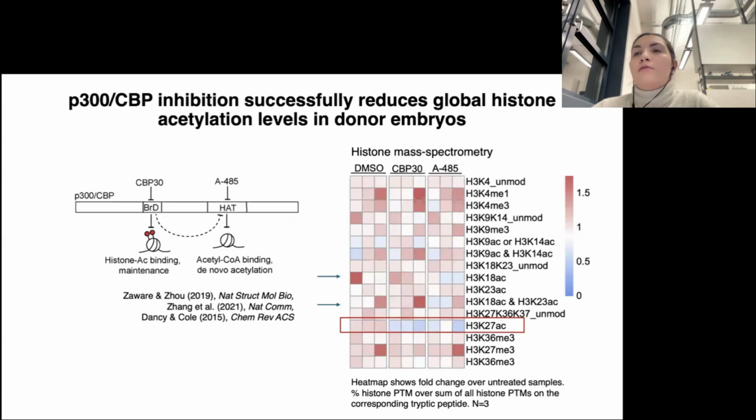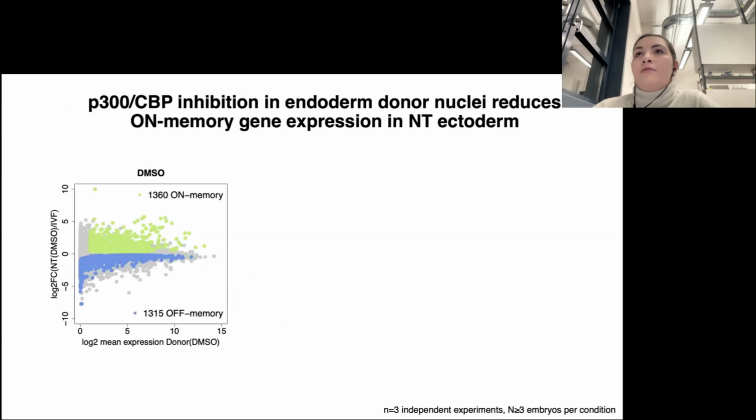So with this, we had two tools in our pocket, one which could be fairly selective for K27 acetyl, and one that showed a broader effect on histone acetylation. Then we went ahead and performed nuclear transfer with both of these perturbed donor nuclei, so with both inhibition approaches.